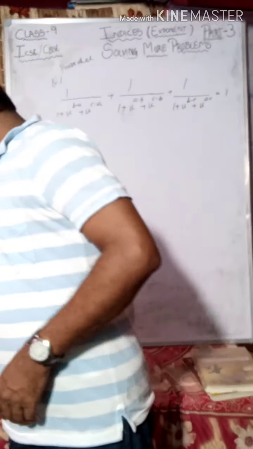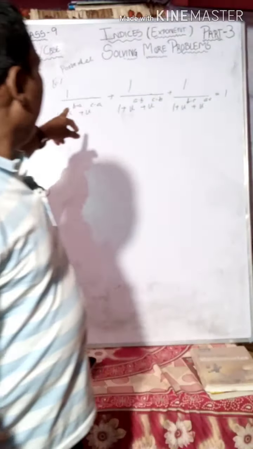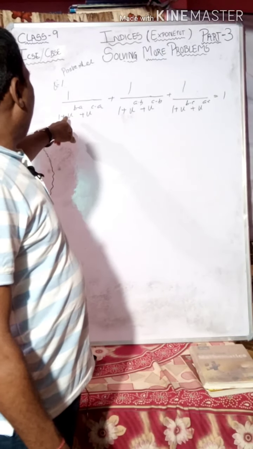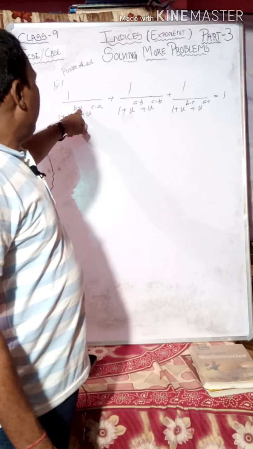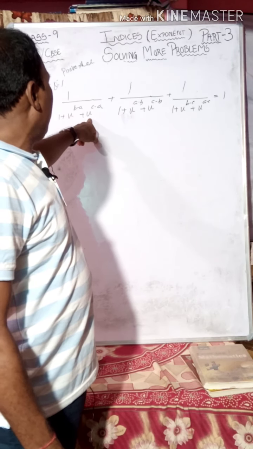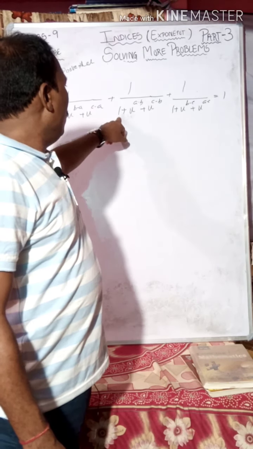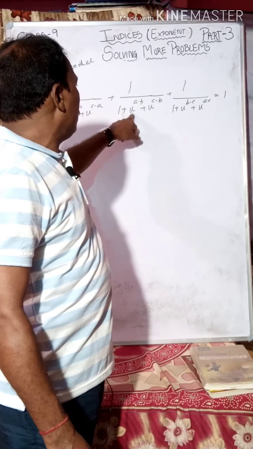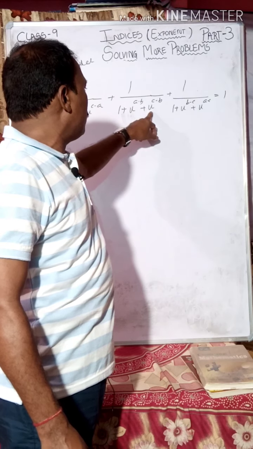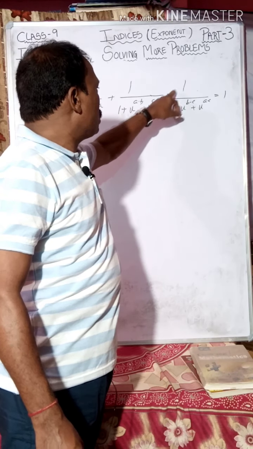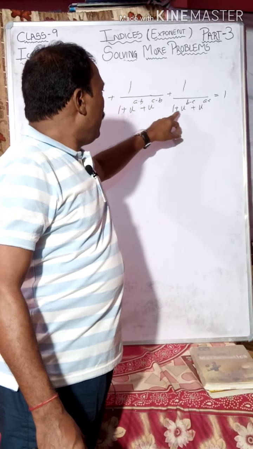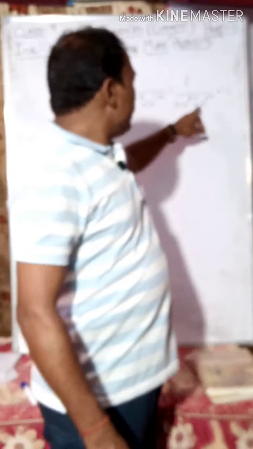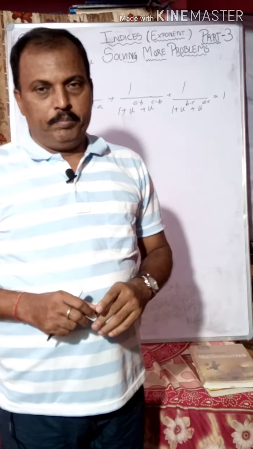Now we will prove this problem. Again I am reading this problem: 1 by 1 plus x to the power b minus a plus x to the power c minus a, plus 1 by 1 plus x to the power a minus b plus x to the power c minus b, plus 1 by 1 plus x to the power b minus c plus x to the power a minus c.